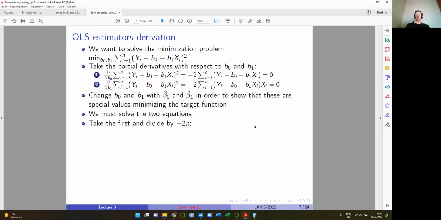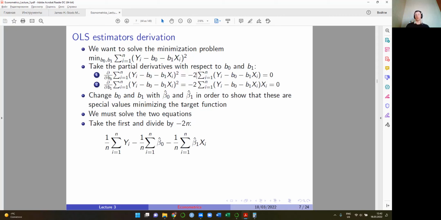So we must solve these two equations. The logical first step is to take the first one and divide it by minus 2n. The minus 2 cancels, and when we divide by n and split the expression under the summation sign into three terms, we get this.